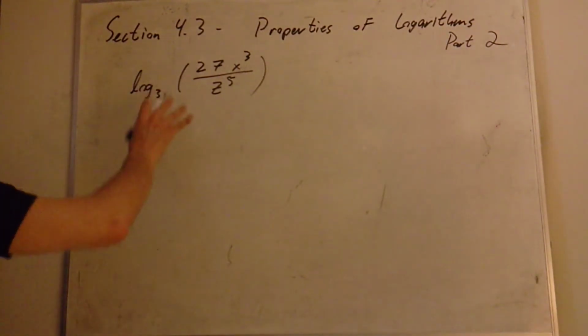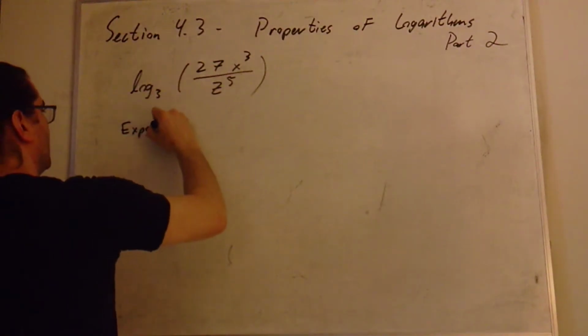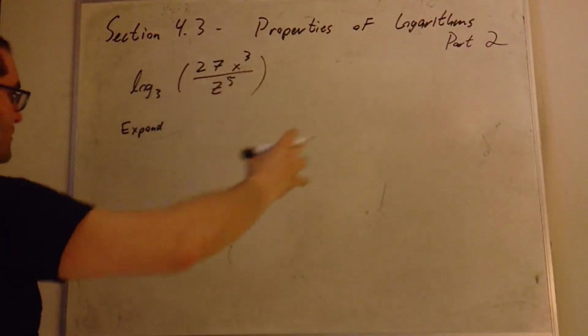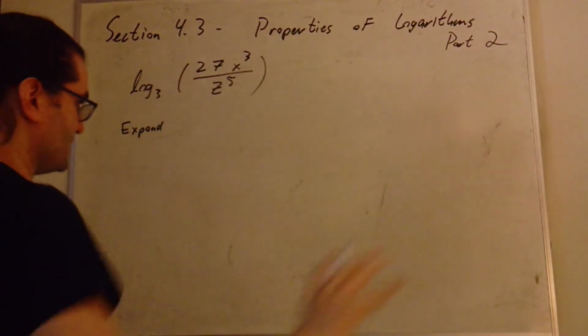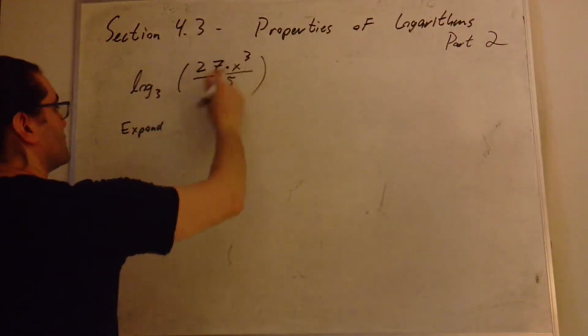A homework question like this will ask you to expand, which means it's asking you to write this as the sum or difference of as many different log pieces as possible. So we're going to split this up.